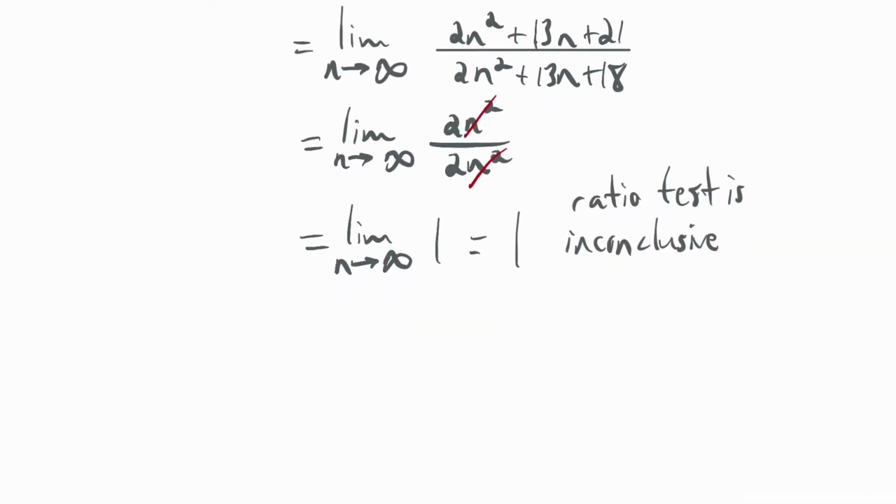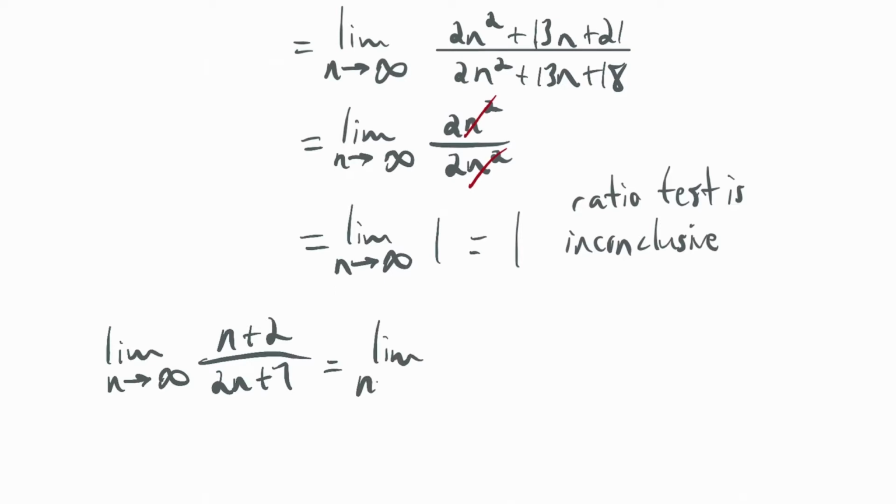The nth term test. So what is the limit as n goes to infinity of n plus 2 over 2n plus 7? Well, the 2 and the 7 don't affect the results. This is the limit as n goes to infinity of n over 2n. I can cancel, and I get that this is the limit as n goes to infinity of 1 half.